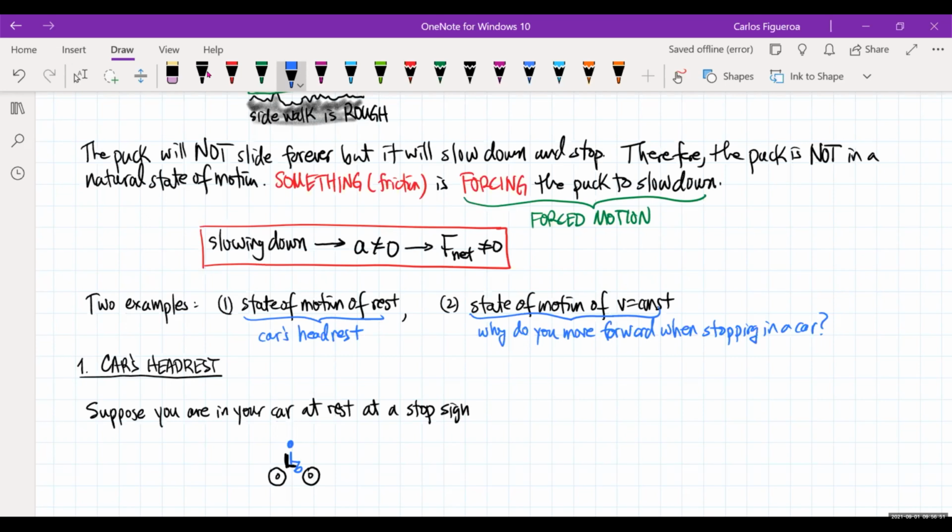And then, of course, you've got your steering wheel, right here, and you have your hands on the steering wheel. So when I look at the car, you're like this, okay? So I'm thinking about your car, and this is you right here. And of course, you're seeing a stop sign.